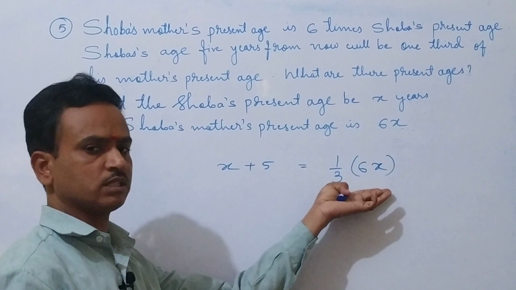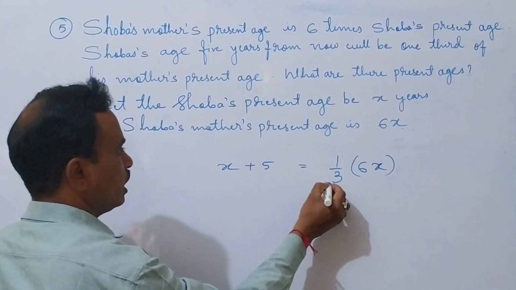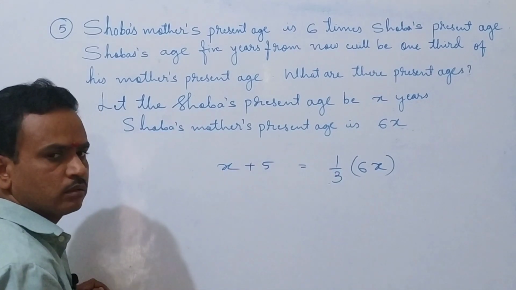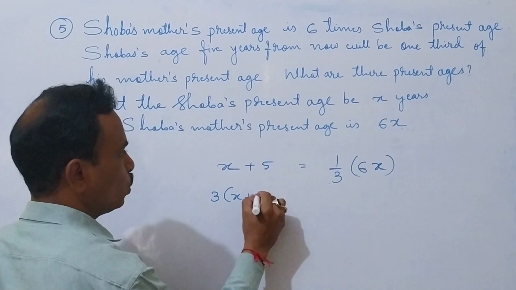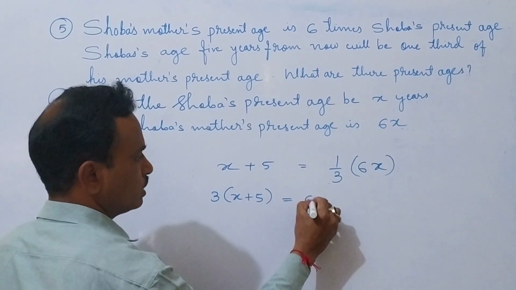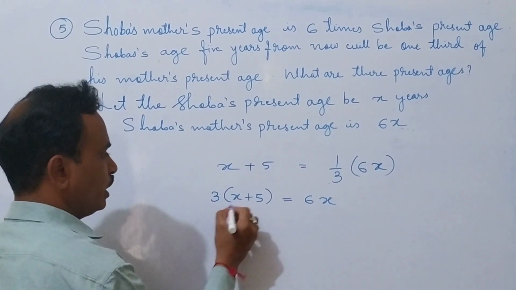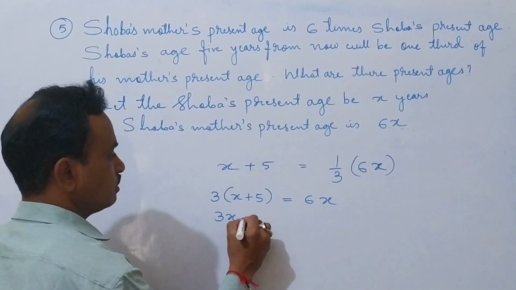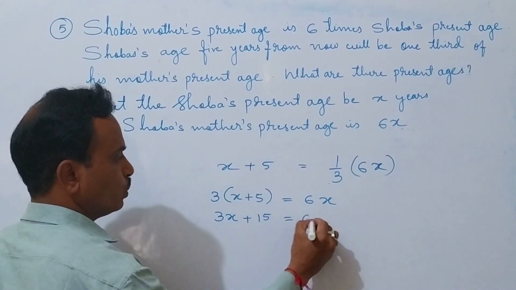Then 3 you should take to the LHS side. 3 into X plus 5 is equal to 6X. 3 into X multiply gives 3X plus 3 5s are 15, is equal to 6X.